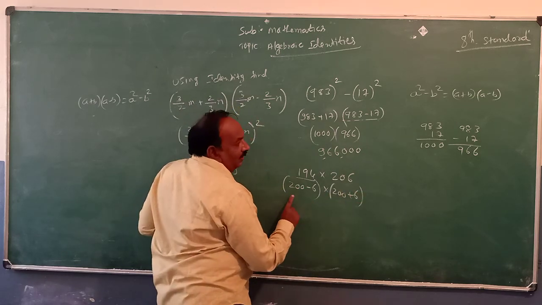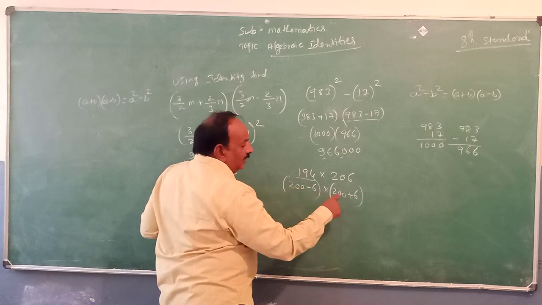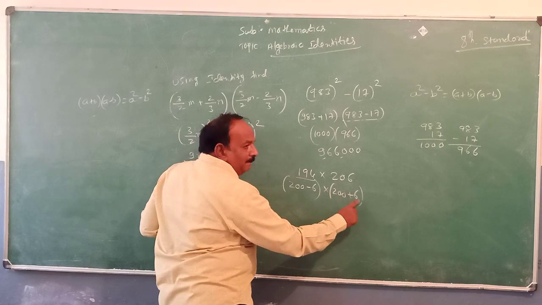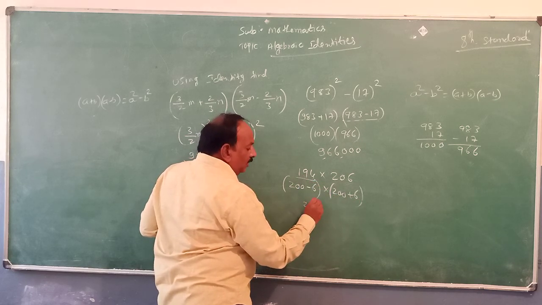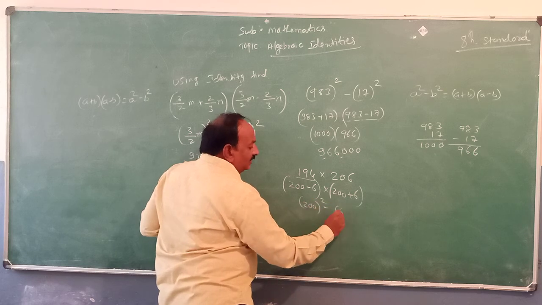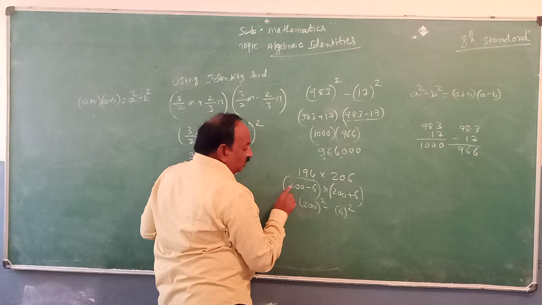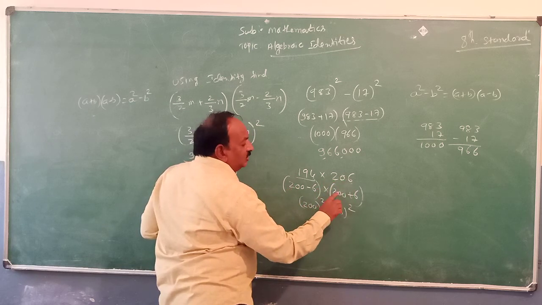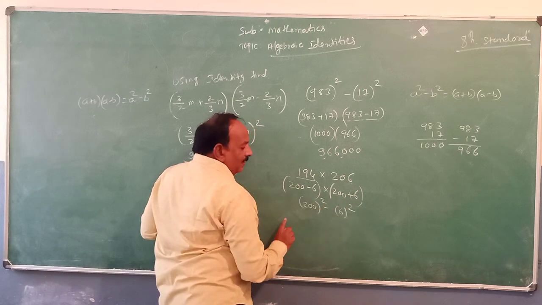This is of the form (a - b)(a + b), that is a square minus b square. 200 whole square minus 6 whole square. 194 can be written as 200 minus 6, 206 is 200 plus 6. a square minus b square, (a + b)(a - b).